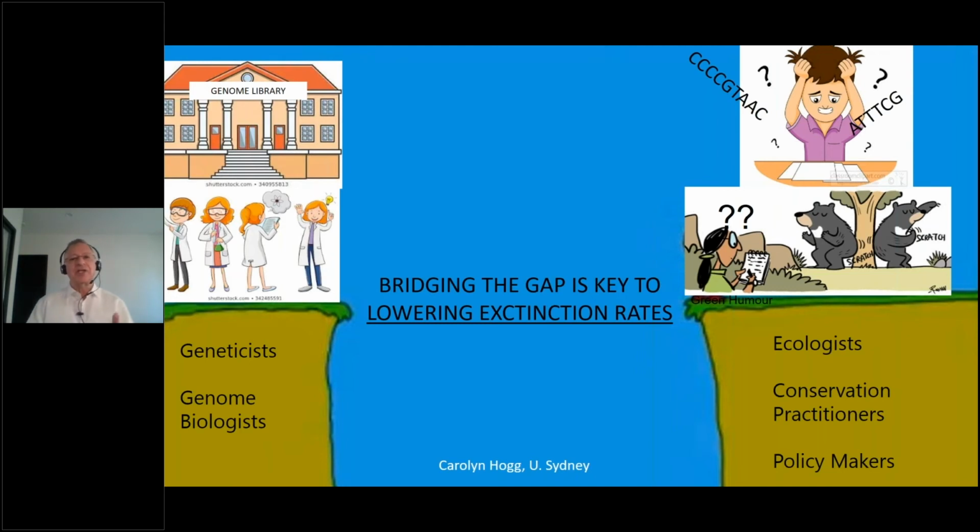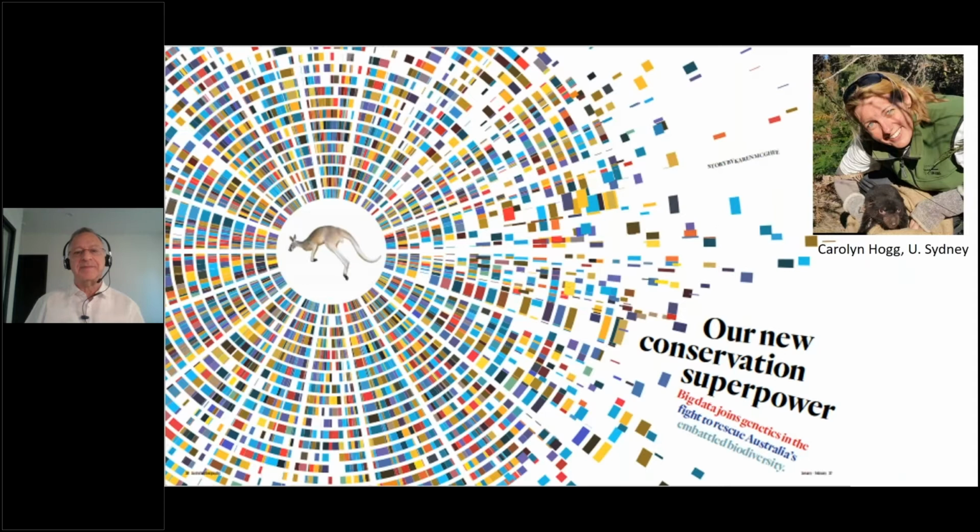But as I mentioned, this is starting to come as we begin to demonstrate the utility of having whole genome sequences for the development and implementation of policies for conservation. And so bridging this gap between the genomicists and the conservation practitioners, ecologists, and policymakers is critical to lowering the extinction rates that I discussed previously.